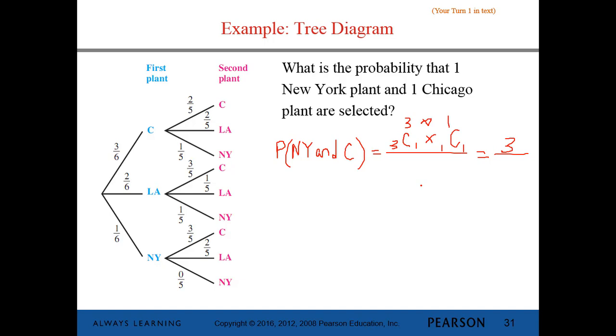Now, what about the total number of possible outcomes? The total number of possible outcomes of choosing 2 out of the 6 is going to be 6 choose 2. Okay, and so how do we get that?